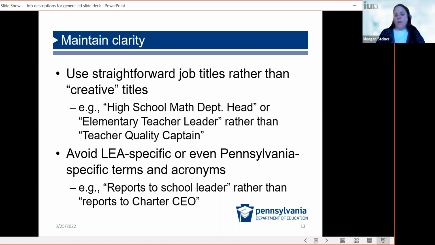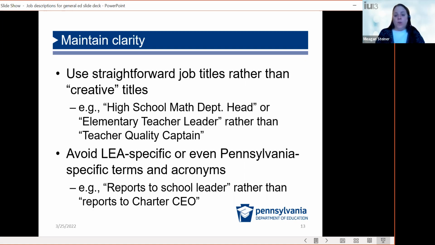For example, if you went to the job description on the list here from Two Rivers Charter School in DC, they say we are crew. They have a certain term they use for their teachers, but they wouldn't want to put that as the title of a job description. They'd want to say, science teacher for fifth and sixth grade or something.